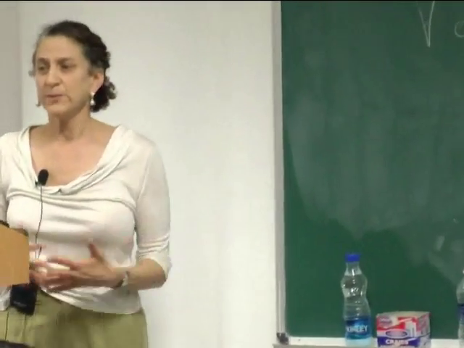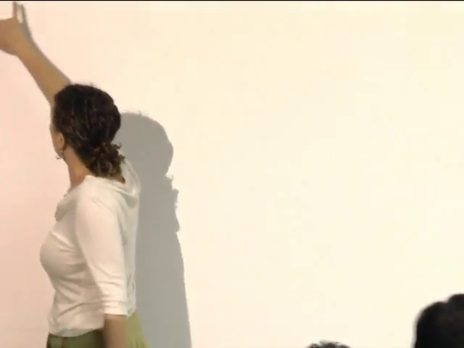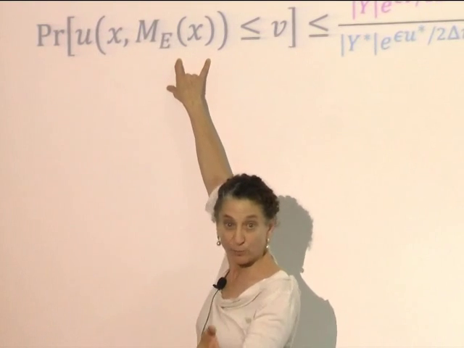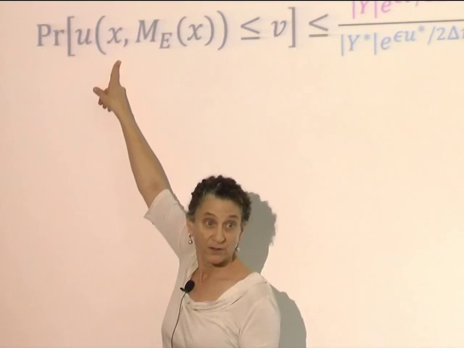So the theorem says that if we look at what is produced by the exponential mechanism when the database is x, and that's M sub e of x. So we run the thing, it assigns its probabilities, it picks an output. That output has some utility for x.